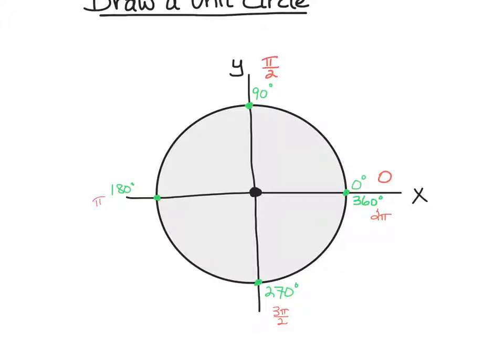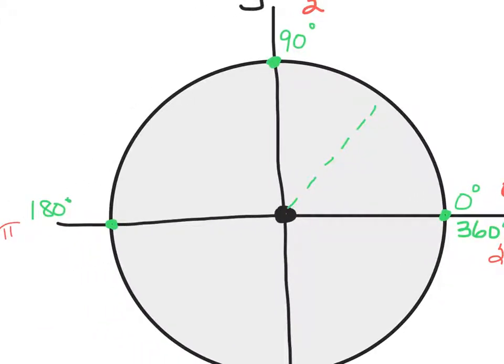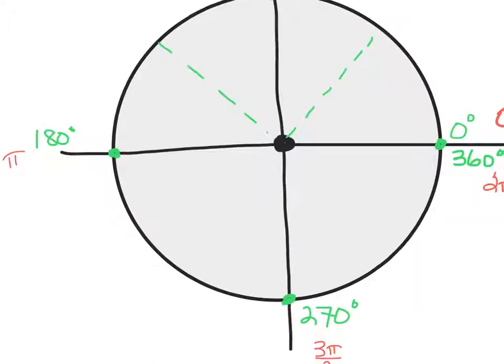Now, next, in each quadrant, we're going to have 45 degree angles, or the angle that would have a reference angle of 45 degrees. And 45 degrees, remember, is approximately halfway between 0 and 90. When you're drawing your unit circle, you can just eyeball what halfway is.